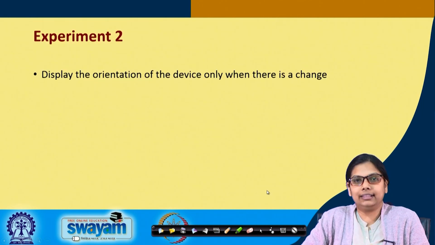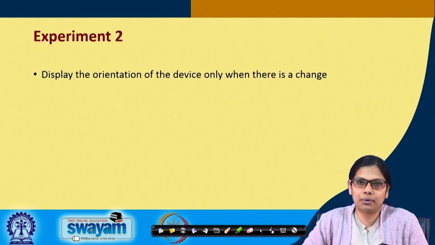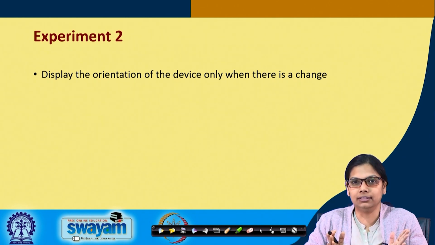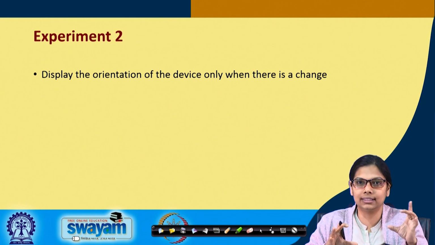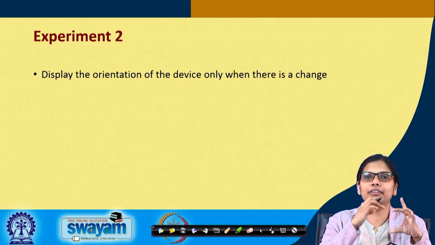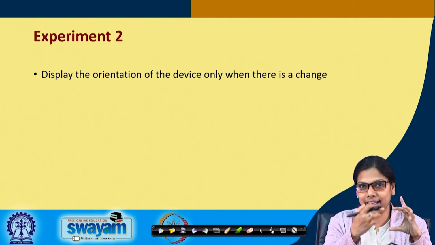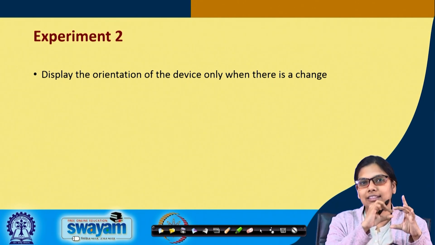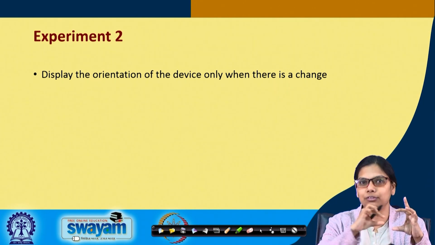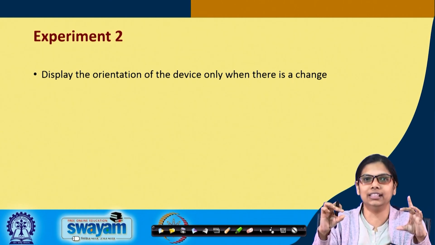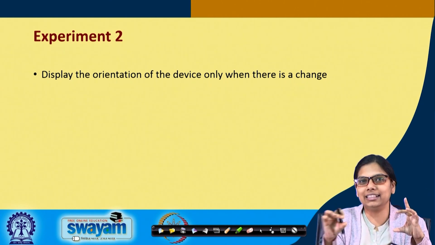Let me go to another experiment. In the previous experiment, we have done it in a fashion that whenever the device changes, and after every 2 seconds, it is displaying that the device is flat, the device is vertically down, the device is vertically up. So after 2 seconds, it is getting displayed.